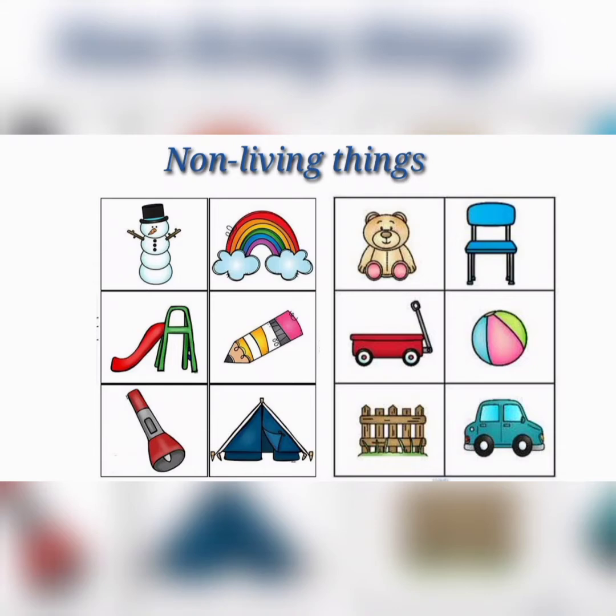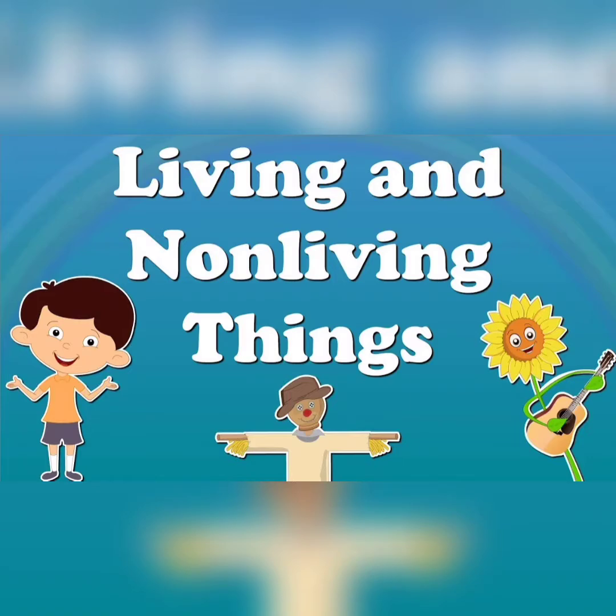Dear students, today we discussed the difference between a living thing and a non-living thing. On the basis of 4 characters, we differentiate a living thing from a non-living thing. Can you remember which are the 4 points?